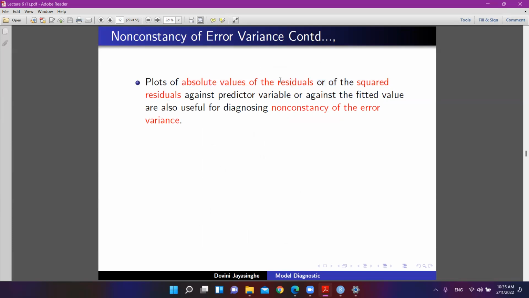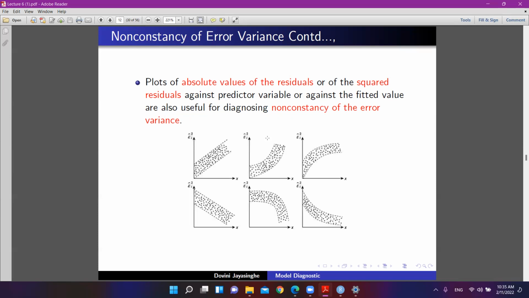Just like you plotted the residuals with the predictor and the residuals with the fitted value, you still can plot the absolute residuals or the squared residuals with either of these, right? Also useful for diagnosing non-constancy of error variance.